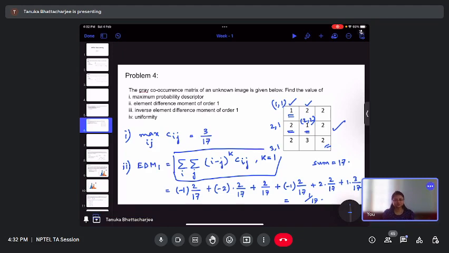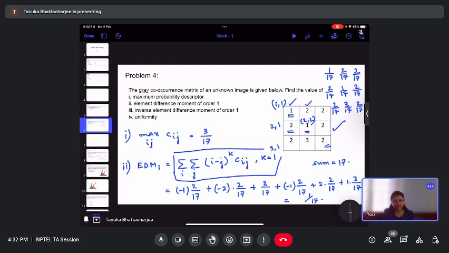So I am getting the normalized matrix by dividing each element by 17. So your normalized matrix is something like 1 by 17, 2 by 17, 2 by 17, then 2 by 17, 1 by 17, 2 by 17, then 2 by 17, 3 by 17, 2 by 17. This is your normalized matrix that you should consider for obtaining these features. This Cij is the element of this normalized matrix, ijth element, ith row, jth column.